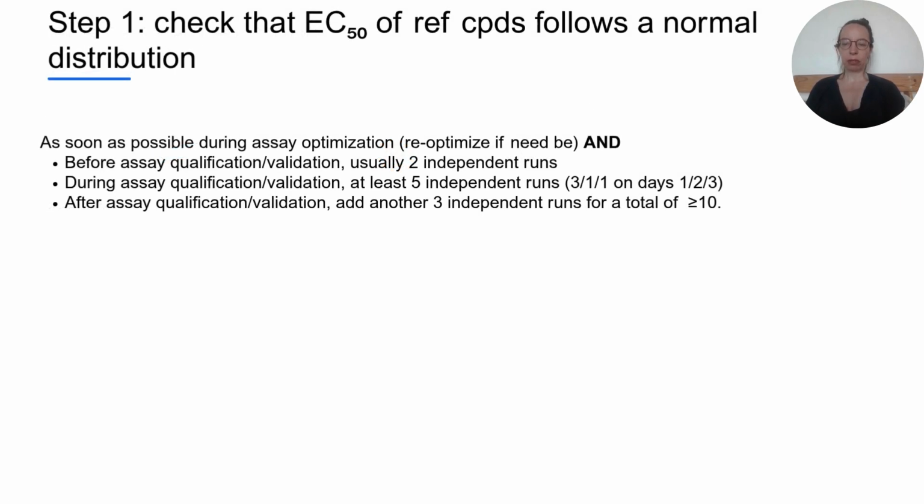The first step is to check that the EC50 of reference compounds actually follows a normal distribution. Start as soon as possible during assay optimization, and if need be, re-optimize.